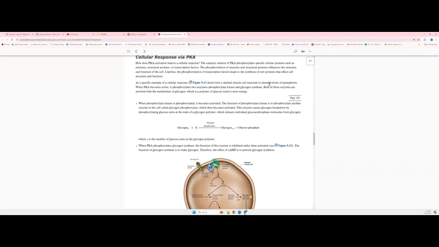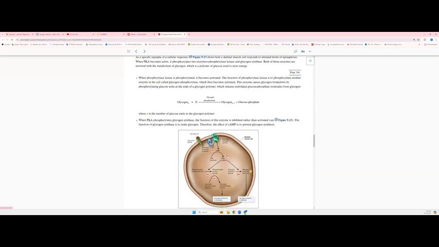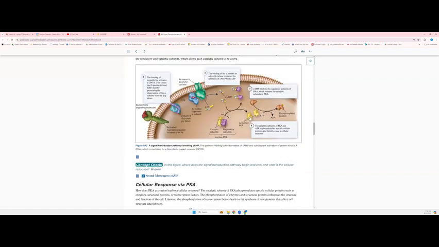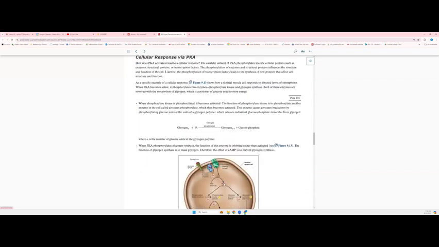So for example, you got frightened by something, your body generates a hormone called epinephrine, and then your whole body responds to this generation of the hormone. So this is a receptor, and when PKA is activated, this yellow stuff is activated, and it will phosphorylate two enzymes, right?